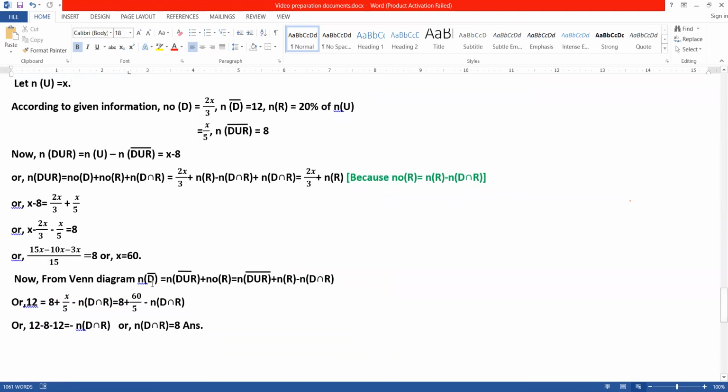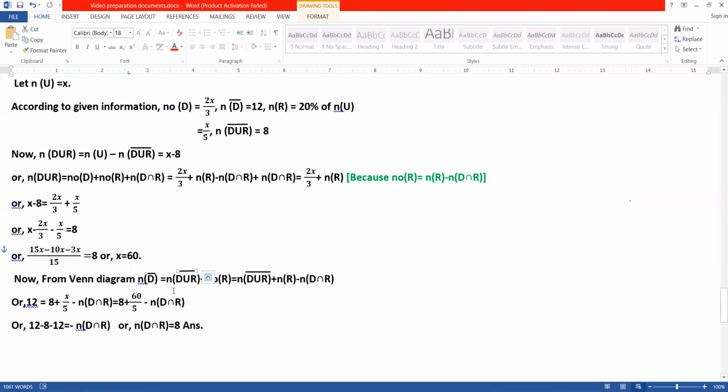From the diagram, n(D complement) equals n(D union R)'s complement plus n(only R).